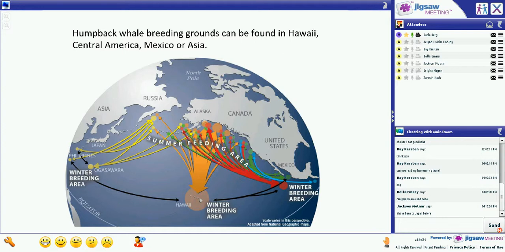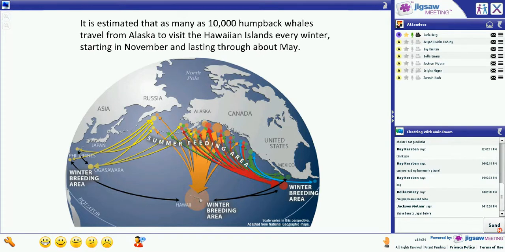Sometimes a whale will go between the 2 or 3 breeding areas, and those are the black arrows on the bottom. So it is estimated that as many as 10,000 humpback whales travel from Alaska to visit the Hawaiian Islands every winter. This migration starts in November and lasts through about May.